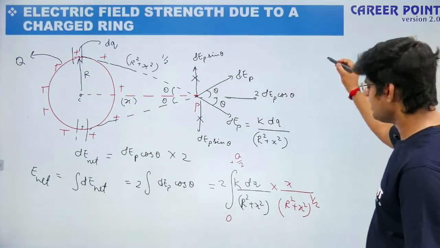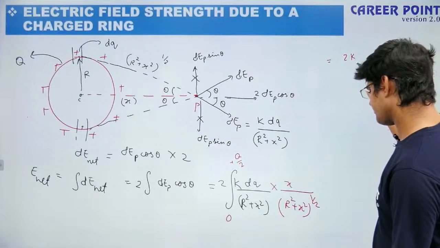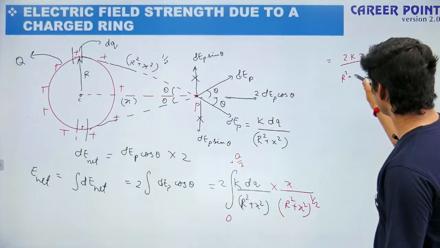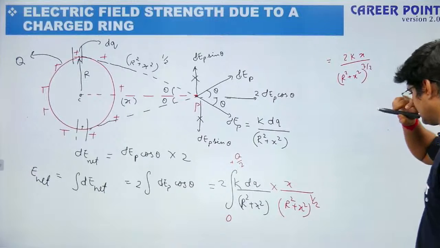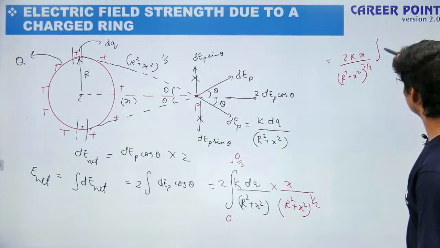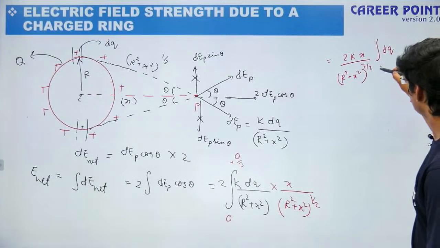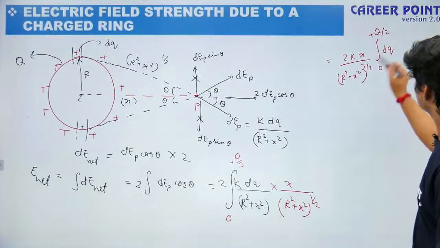So from here we can see 2kx divided by (r square plus x square) raised to power 3 by 2. Then integration of dq will be from 0 to plus q by 2. I have put the limits.